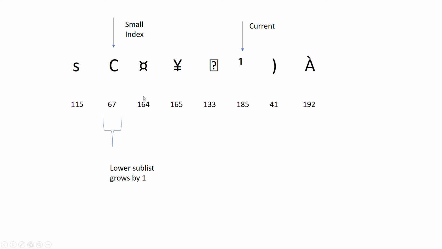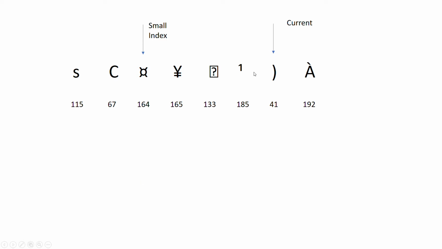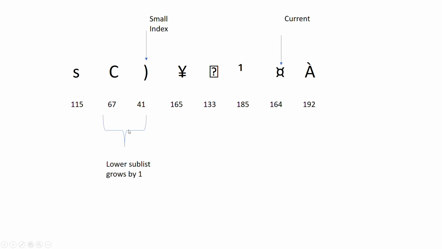Now that I've done that, you notice that my lower sublist grows by 1. Here, current I incremented from 185 to character 41. Again, this is less than pivot, so I increment small index to character 164, and I swap. Now my lower sublist grows by size 1 again. After that, I increment current to the end of my list.